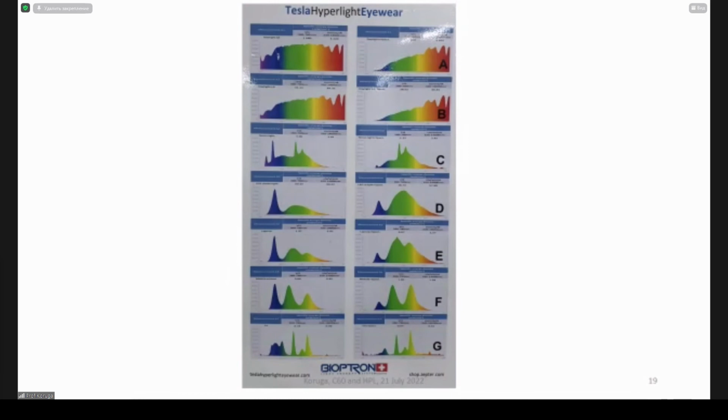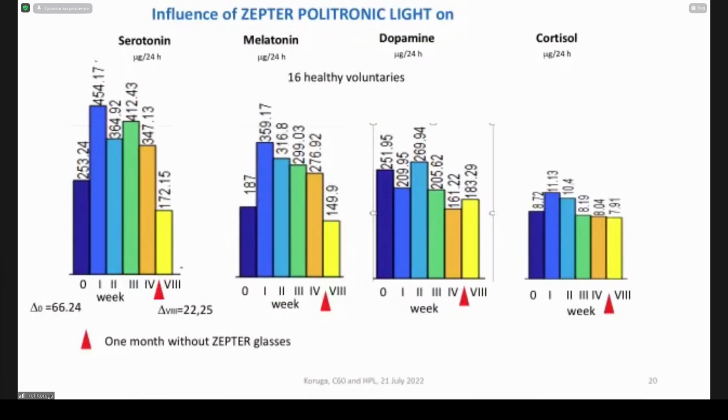You can see the original light on the left side, and when transformed by our devices on the right part. And you can see how light is changed from photonic to polaritonic.